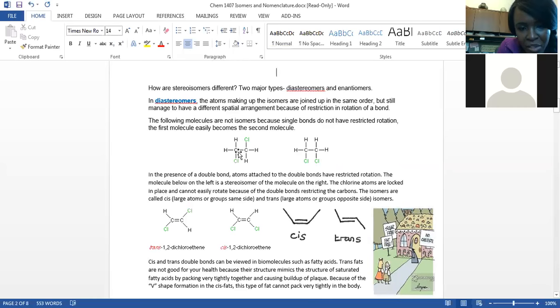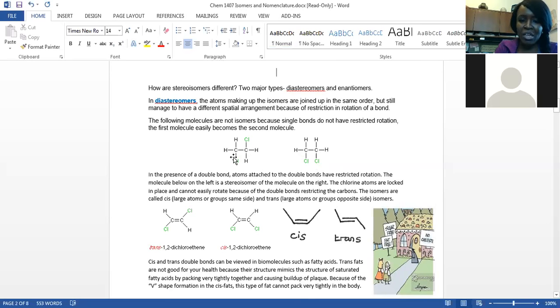In this first image right here, the chlorines are on different sides. When they're on different sides of the carbon-carbon bond, they're considered to be on opposite ends, and this will sometimes be called trans. When the chlorines are on the same side, this is cis. But in this case here, these actually end up being the same structure because the single bond does not restrict the atoms from moving around.